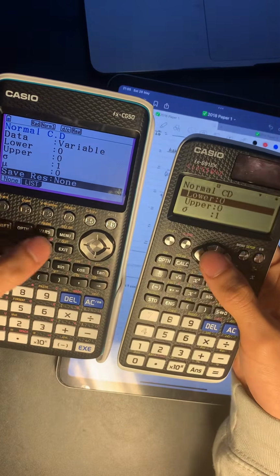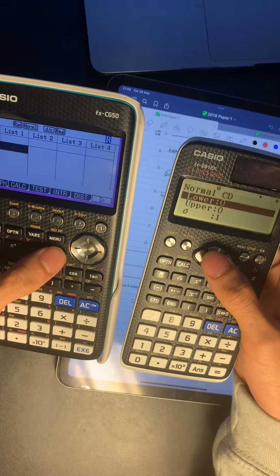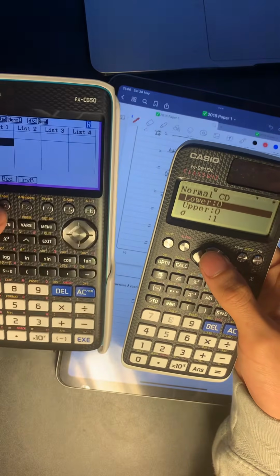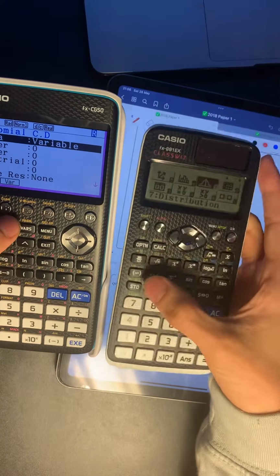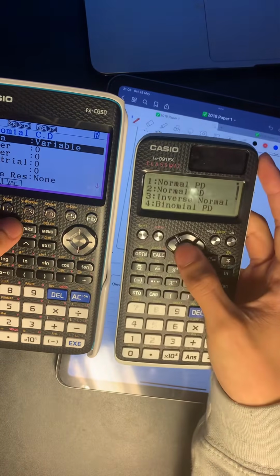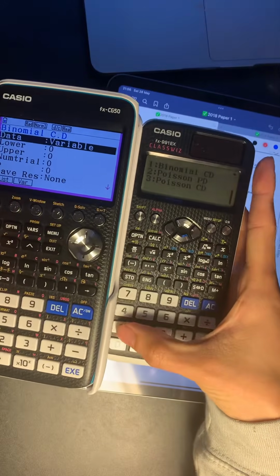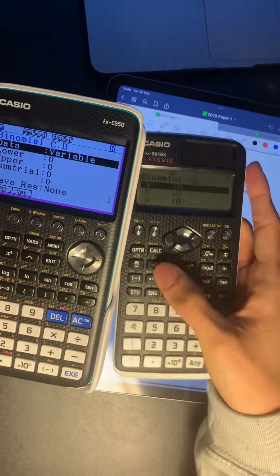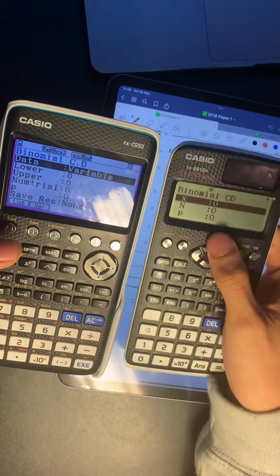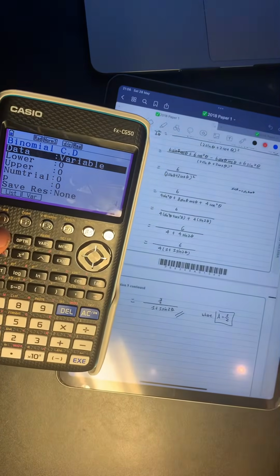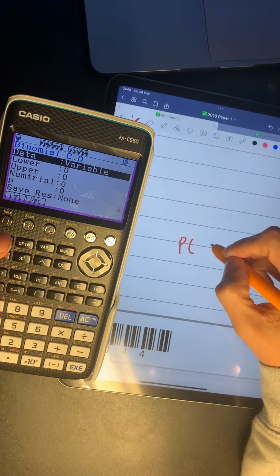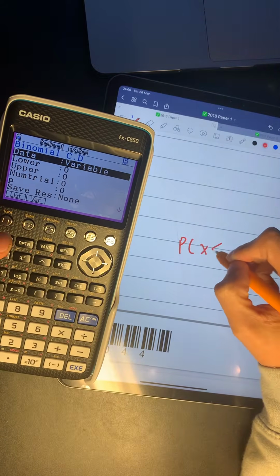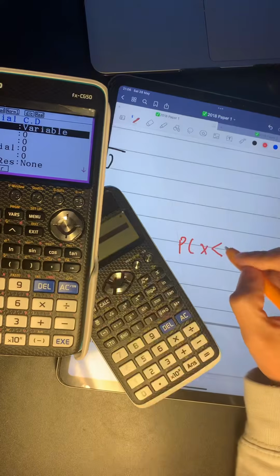The really useful thing here for stats is the binomial distribution, the cumulative binomial distribution. So if you look at menu 7 on the normal one, binomial cumulative distribution, variable, you can see that it only does the probability of x less than a certain value.